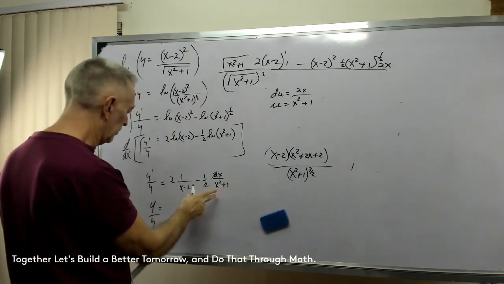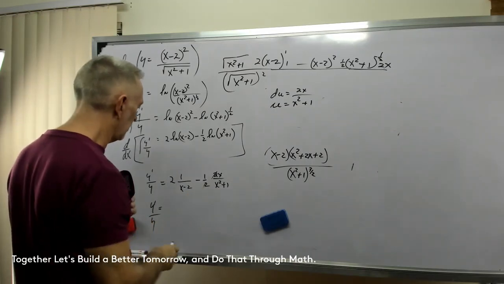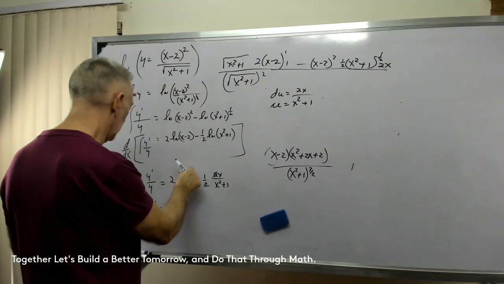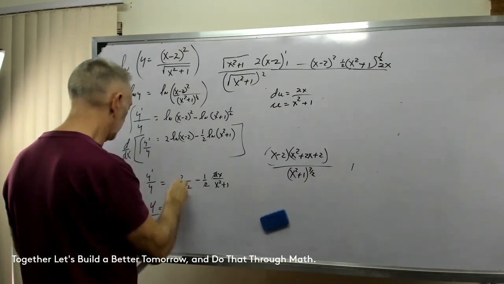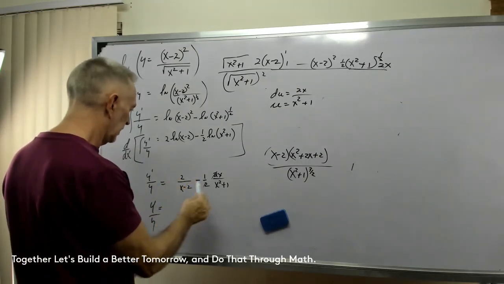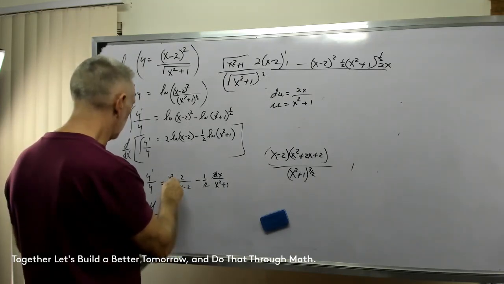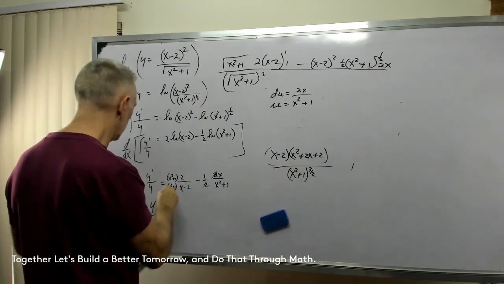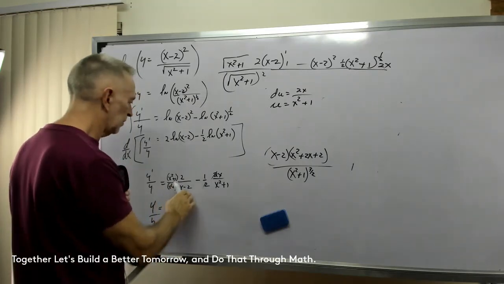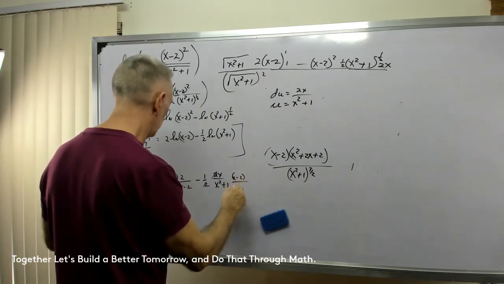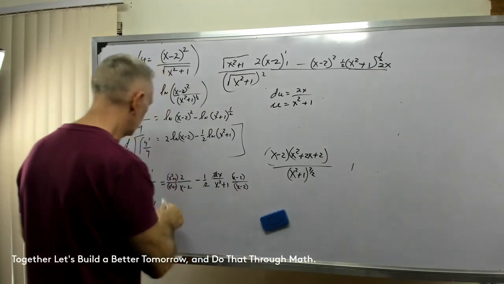But before I do that, I'm going to get a common denominator, because I have apples and oranges. So I'm going to move this 2 over the top to make a little space. To get a common denominator, I can multiply this side by 1, where my 1 will be (x minus 2) over (x minus 2). So what do we have?